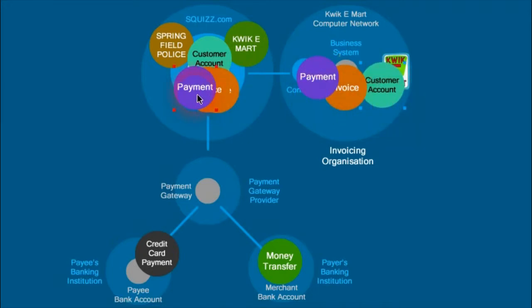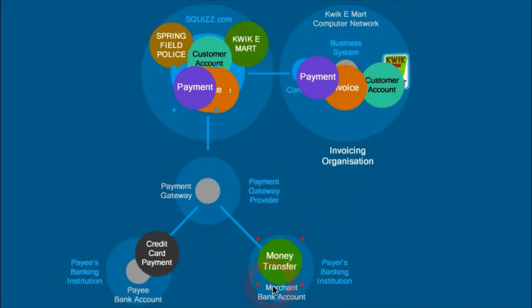So a record of the payment is both within the Squizz.com platform, as well as the payment gateway, which can also record the payment, as well as the funds transfer between the customer's bank account and the invoicing organization's bank account. Now, the important thing to note is that the invoicing organization has to set up a merchant bank account.